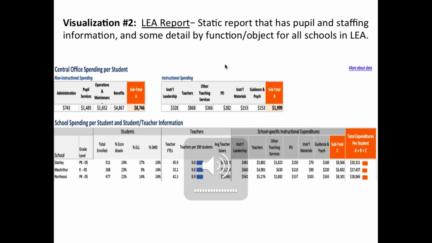So we have another question. Is transportation or capital expenditures included in this report? I don't know if we know the answer to that, Katie. I would hypothesize no, because it is instructional spending, so it might be counted in the non-instructional bucket. That's that subtotal A per pupil. But again, I would defer to Rob to explain that if you know, Rob.